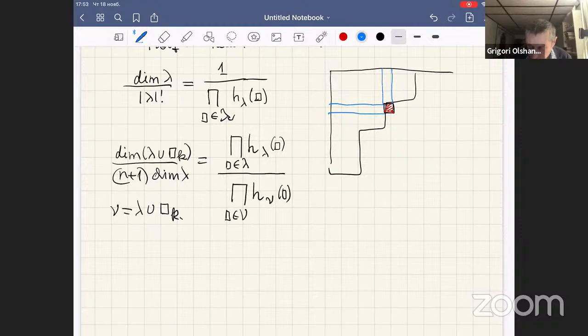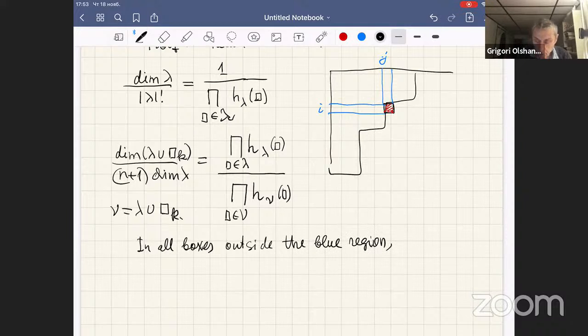Assume this is row number i and column number j. In all boxes outside the blue region.